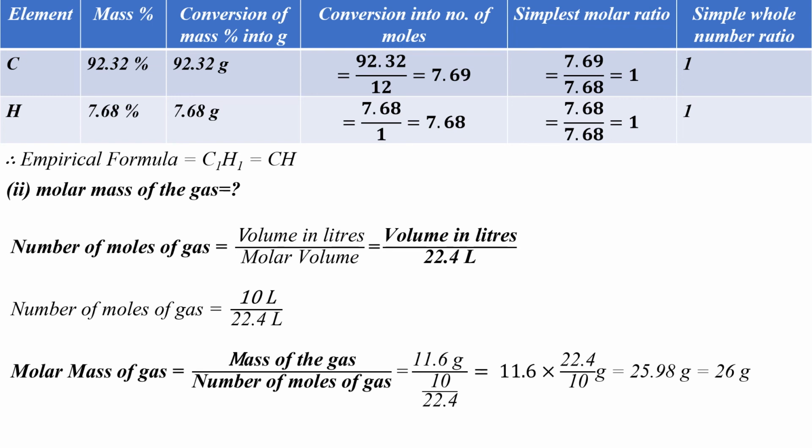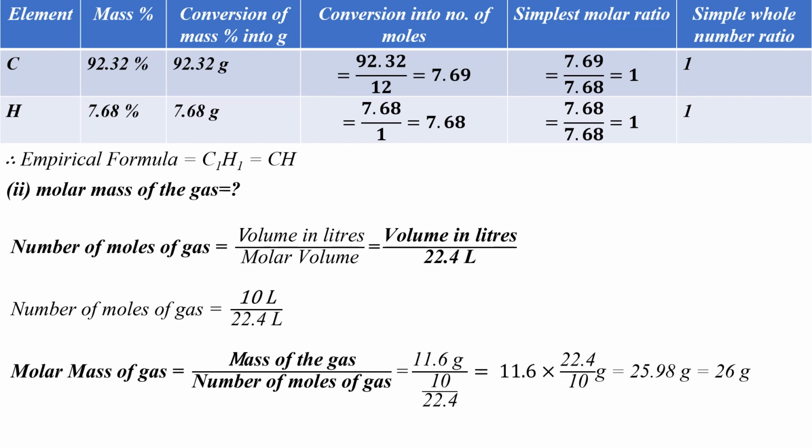In the next step, we find out the molar mass of the gas by rearranging the formula number of moles equals given mass of the gas divided by molar mass. On rearranging, you get molar mass of the gas equals mass of the gas divided by number of moles of the gas, which is equal to 11.6 gram. That is what is given in the question.